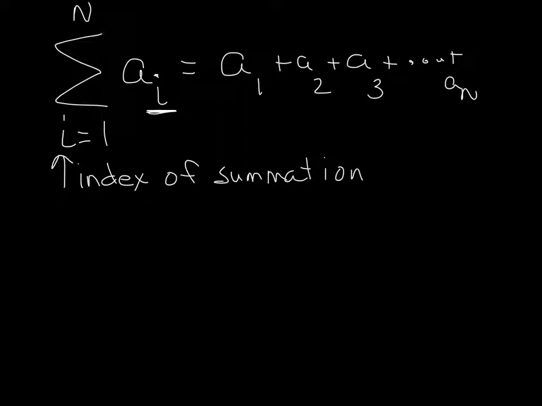Let's look at one that we could actually calculate. We're going from i is 0 to i is 4, and my function, or the term, is going to be i plus 2.